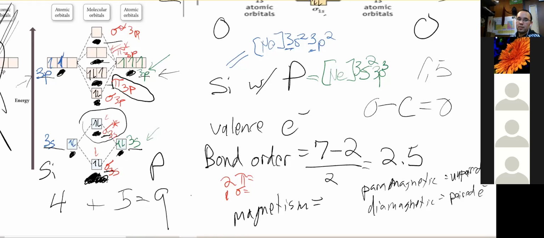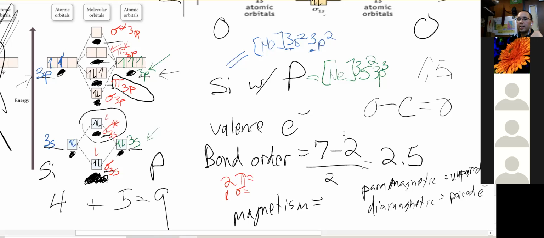So the bond order is 2.5, and why do we know a bond occurs because of that? If you have a bond order of 0, that would mean you have just as many electrons in your antibonding as you have in your bonding. The more electrons you have in your bonding, the more energy benefit there is, because all of your bonding orbitals are lower energy than where they started from.